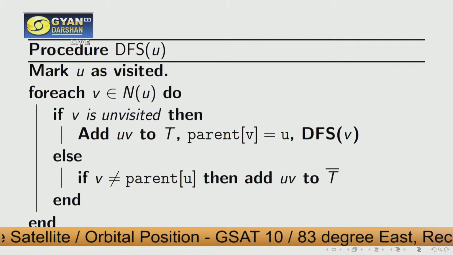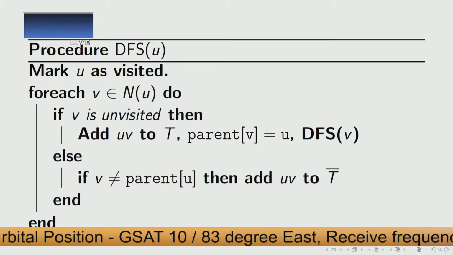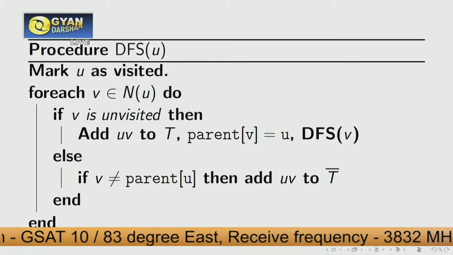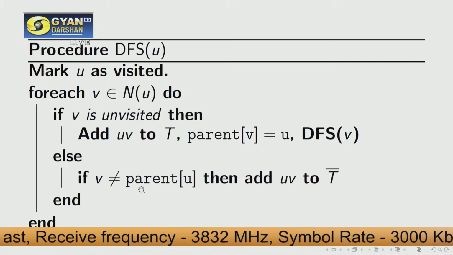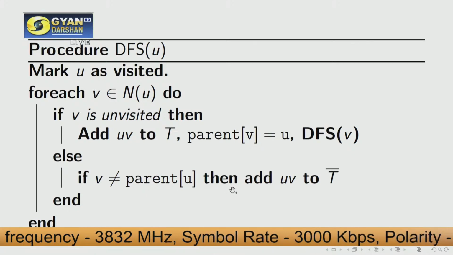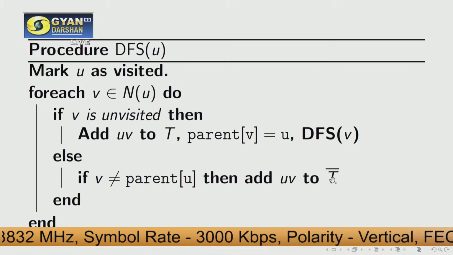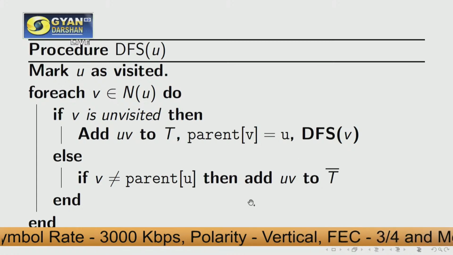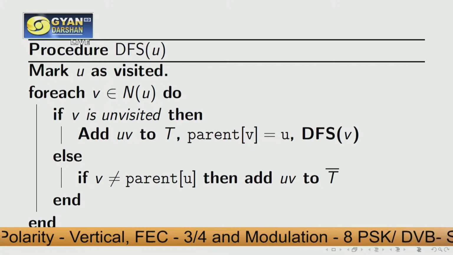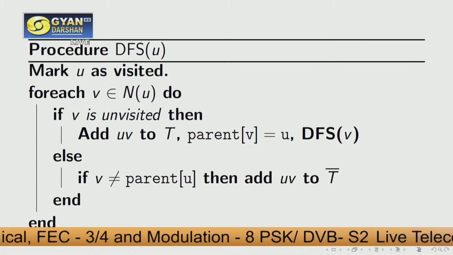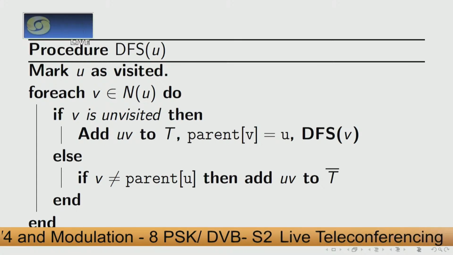If V is visited, what do we do? We shall check if V is not the parent of U. So in that case, we shall add the edge UV to T bar. Because V is not the parent of U means we have not used the edge UV while visiting the graph.